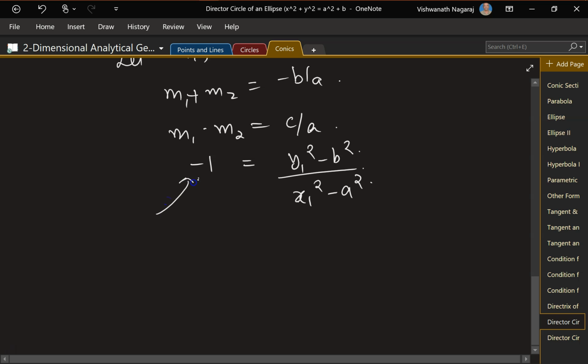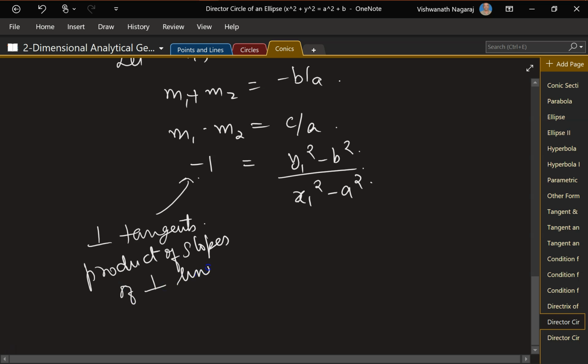This is minus 1 because the product of slopes of perpendicular lines is minus 1.